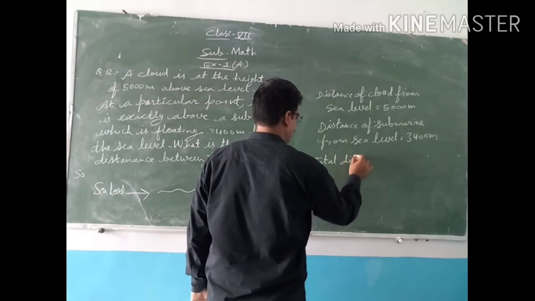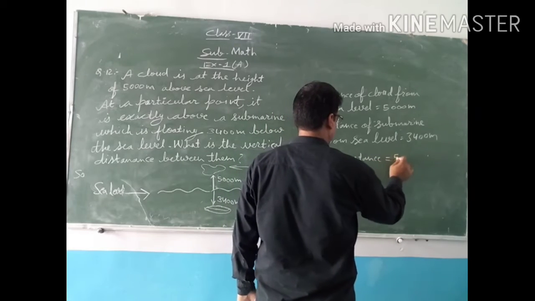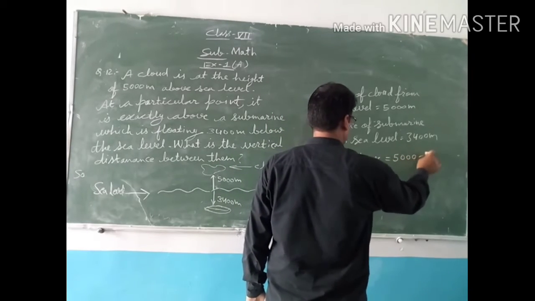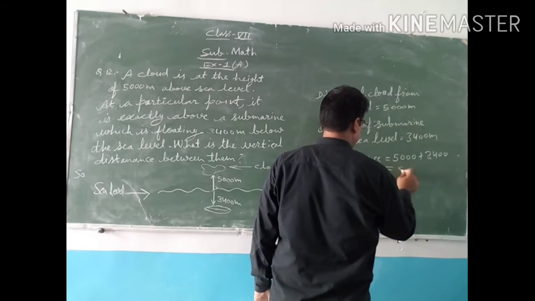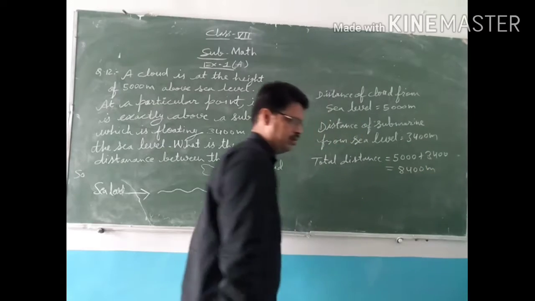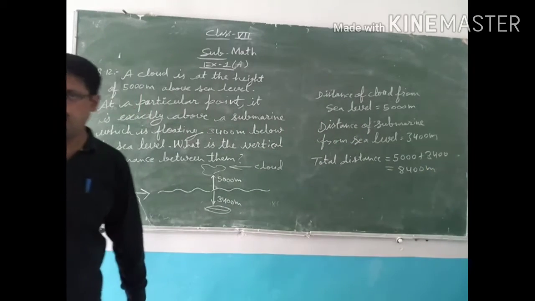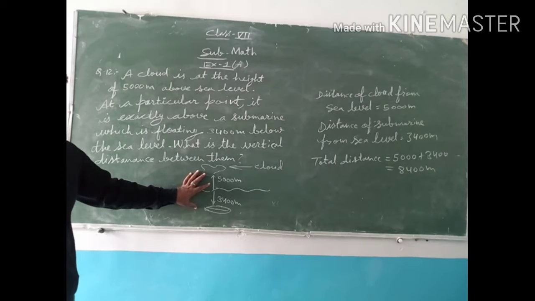Total distance would be equal to 5000 plus 3400. That means 8400 meters. Understood, everybody?